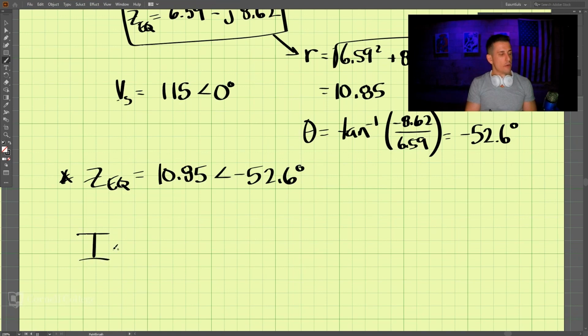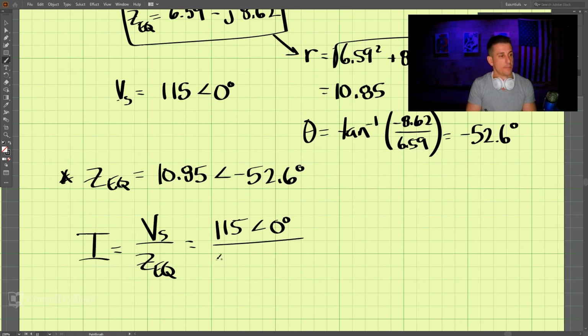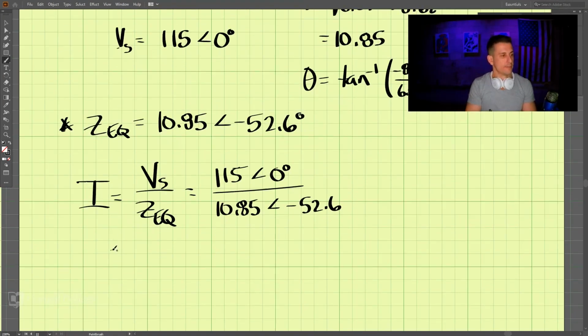So our current I, which we're trying to find, is the voltage of the source divided by the equivalent impedance. So the voltage source is 115 at 0 degrees divided by our impedance, which is 10.85 at an angle negative 52.6. So that is equal to 115 divided by 10.85, which is 10.6 at an angle of 52.6 degrees.